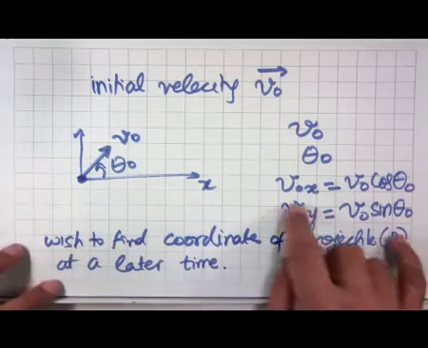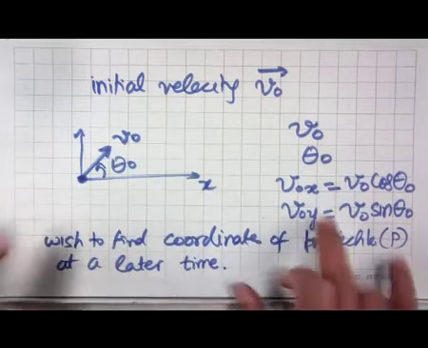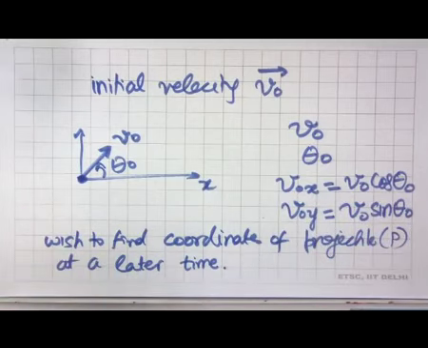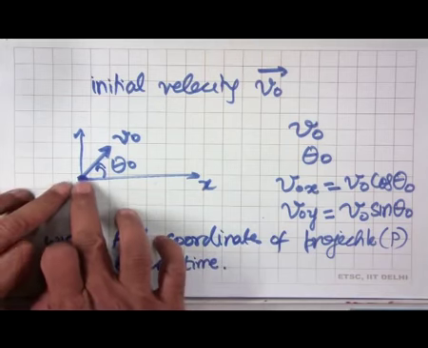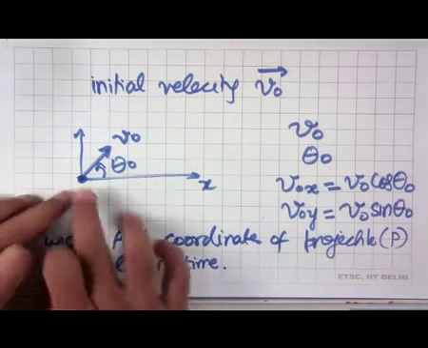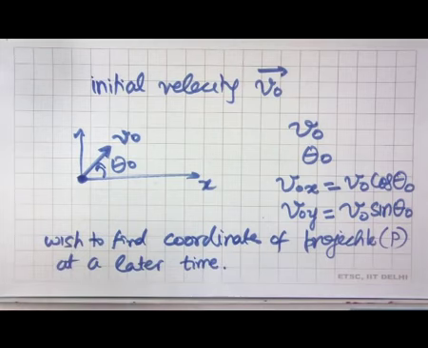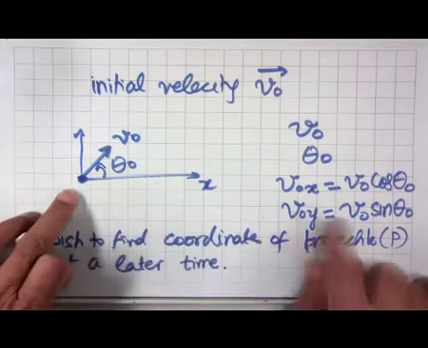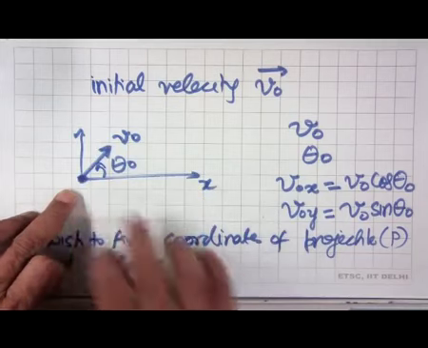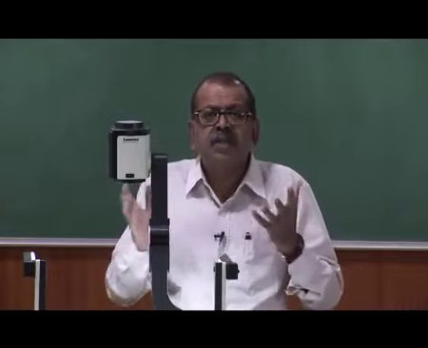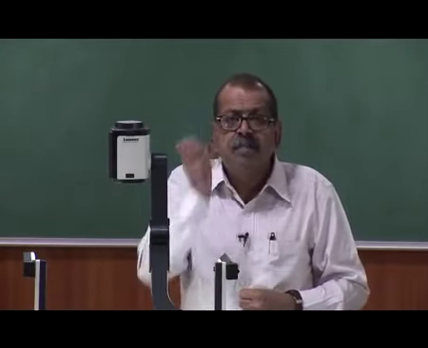That means, throughout its motion the x velocity will not change, that will be equal to v 0 cos theta 0. If we look at the y component of velocity, initially it is v 0 sin theta 0, there is a negative acceleration minus g. So, this component will reduce and it will go to 0, after which the particle has been experiencing an acceleration of minus g.